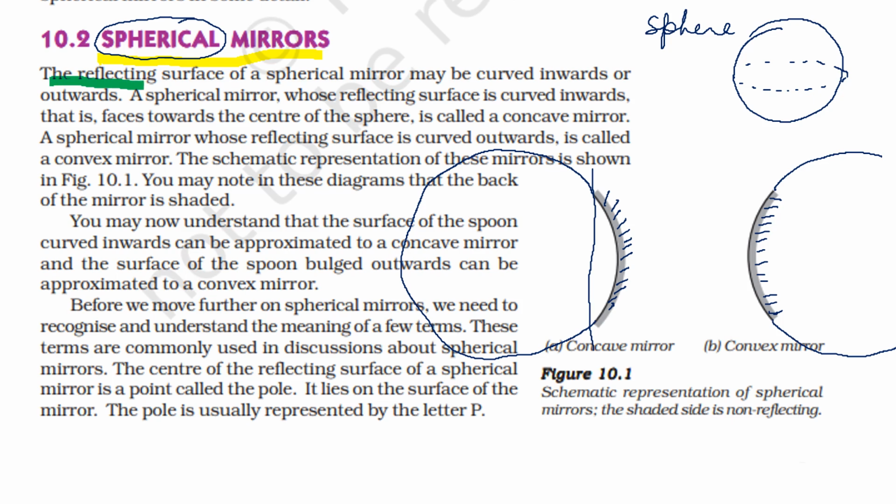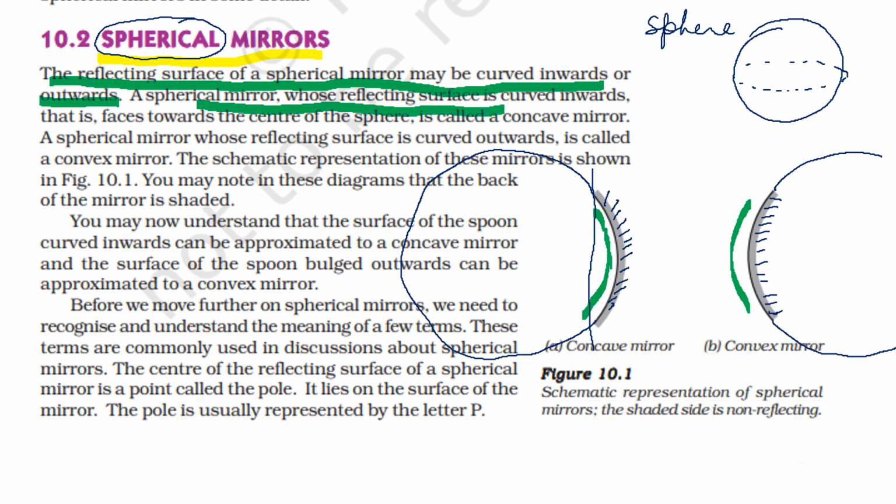Okay, let us see now what is there. The reflecting surface of a spherical mirror may be curved inward or outwards. That's what you have seen. This part is curved inward, and this part is curved outward. A spherical mirror whose reflecting surface is curved inward, that is, it faces towards the center of the sphere. What does it mean, faces toward the center?